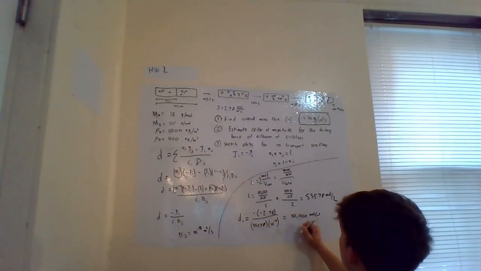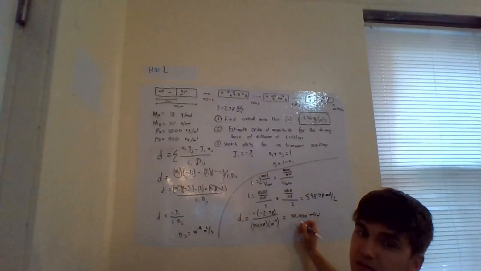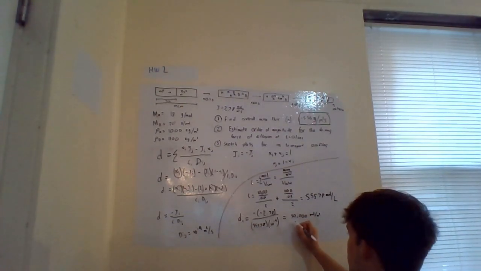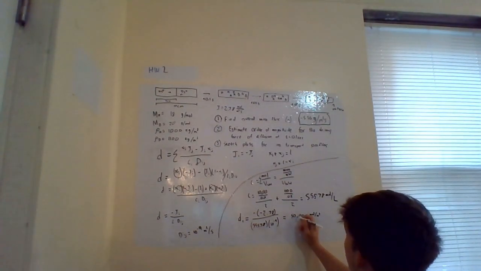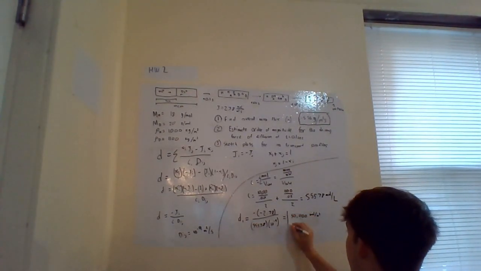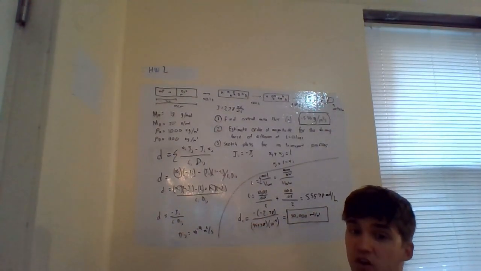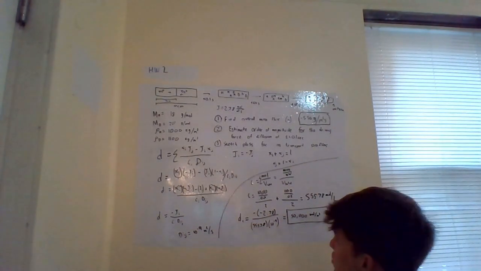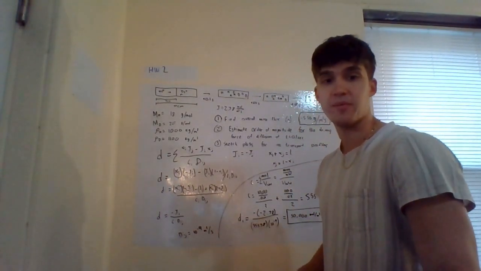So we can simplify this so that our order of magnitude for the driving force of diffusion is about 50,000 moles per meter cubed. This is the answer to the second problem.